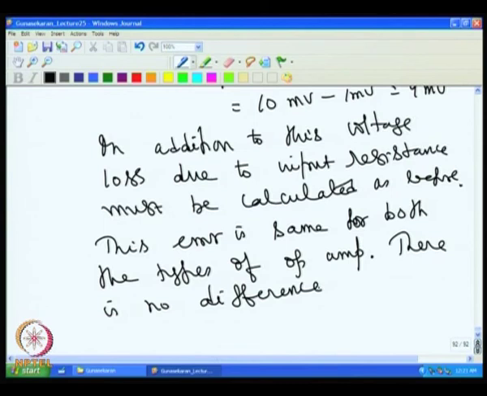So, one can understand that the input resistance and the bias current complicate the matter quite a lot in the use of operational amplifiers. One has to be very careful in calculating the input resistance. If you want a high input resistance, go for lower gain. The best is to go for a voltage follower.